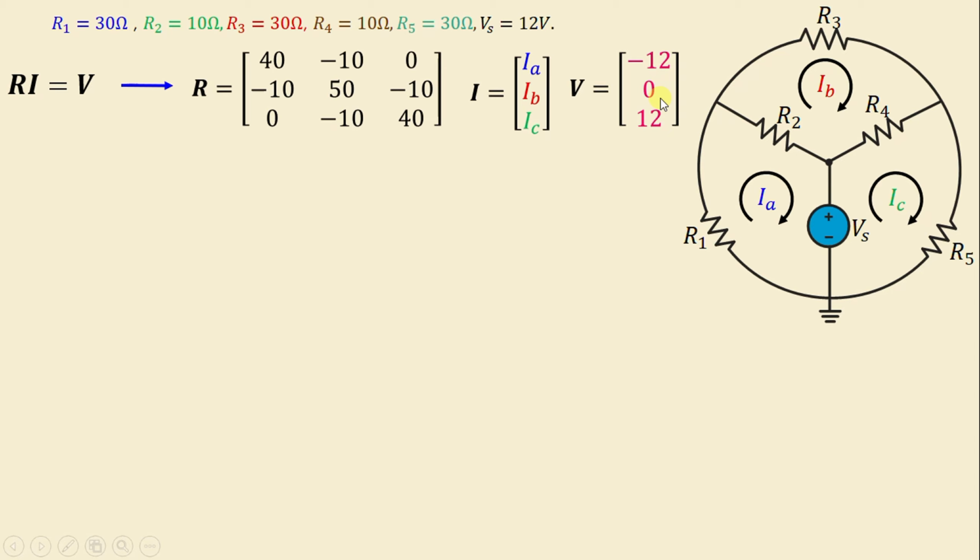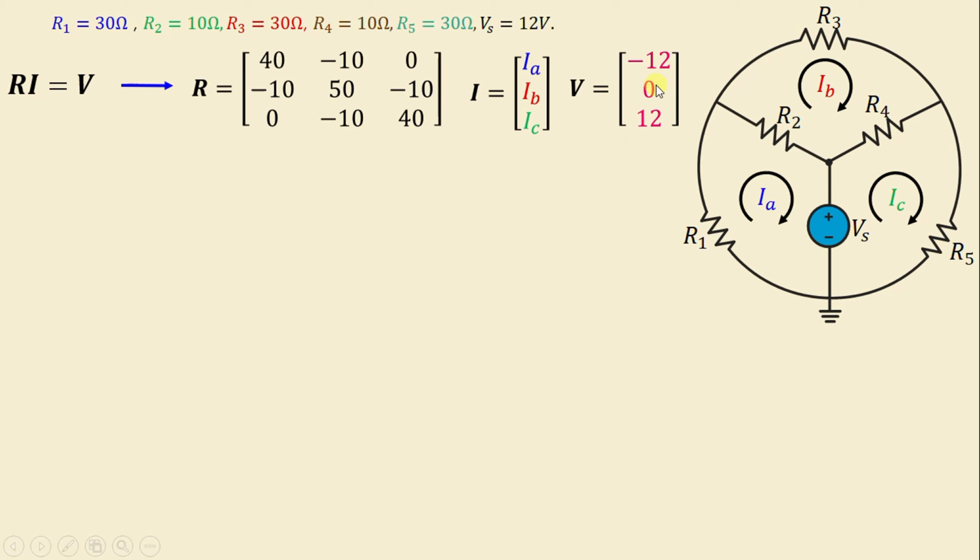We said V is the sum of all independent voltage sources, with voltage rises treated as positive. Let's start here. If we go clockwise, we have a voltage drop. That means here we have negative Vs. That's why we have negative 12. For mesh B, there is no independent voltage source.